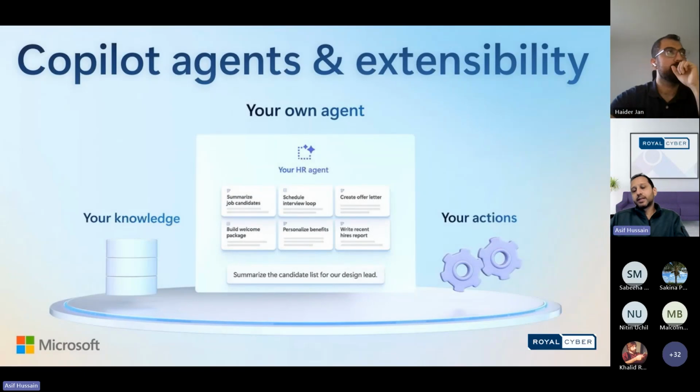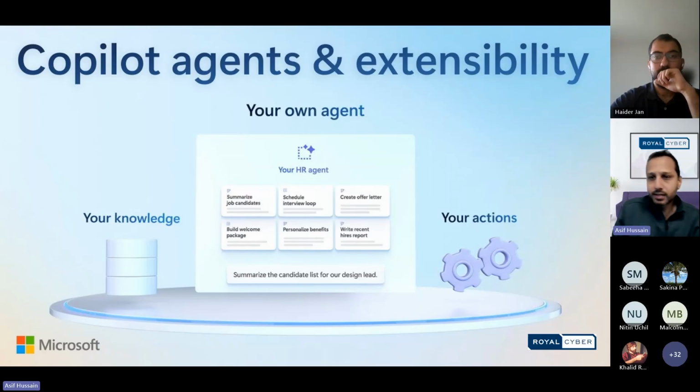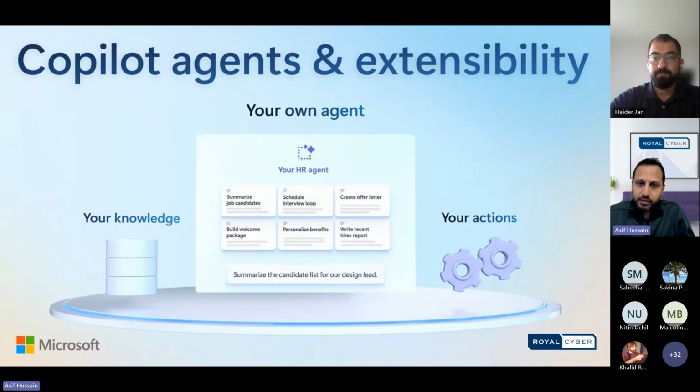For example, take a look at this HR agent. It has a knowledge base about your company policies, and it can answer questions around those areas that it has information about. It can be your HR's company handbooks and the rules and regulations, whatever the HR has announced.